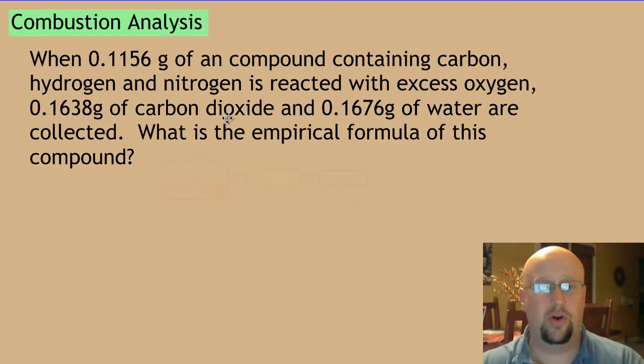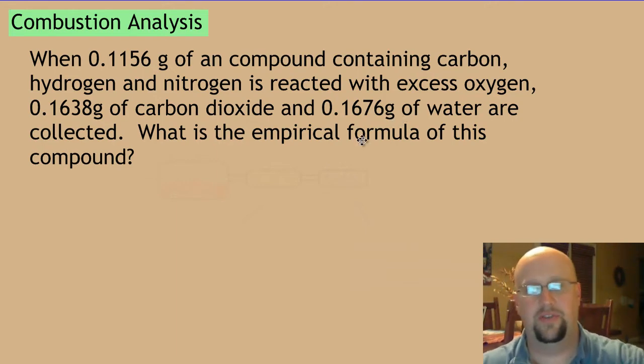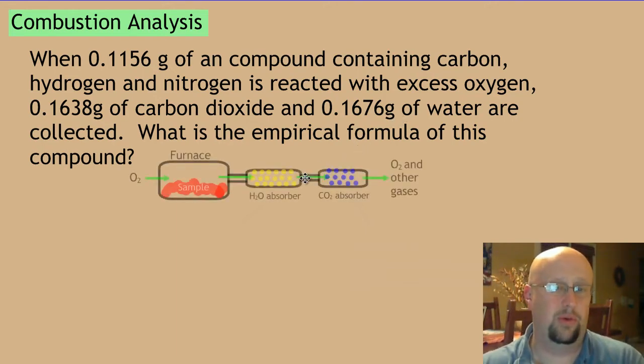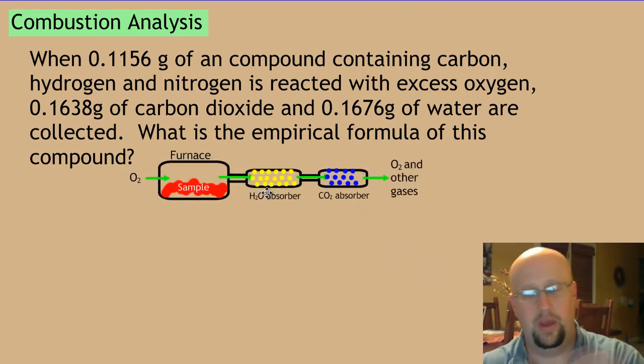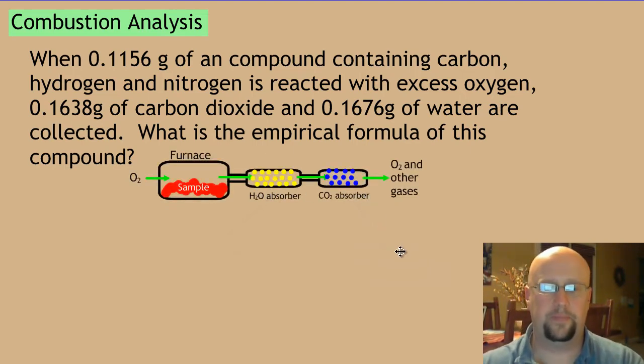Now this makes it a little harder. If it just said it was this many grams of carbon and this many grams of hydrogen, then we could easily just do a quick calculation and figure out the nitrogen. But this is going to be a little bit more complicated. So again, we've got our setup here, and this is what's going on. But if you look at this, here's the way it works.